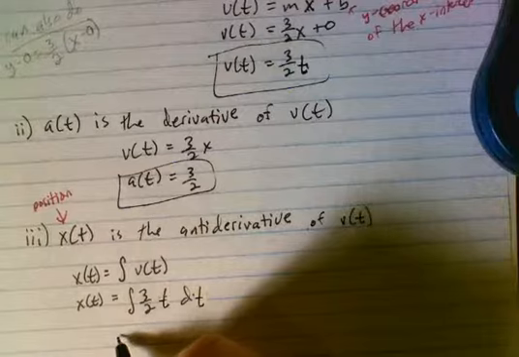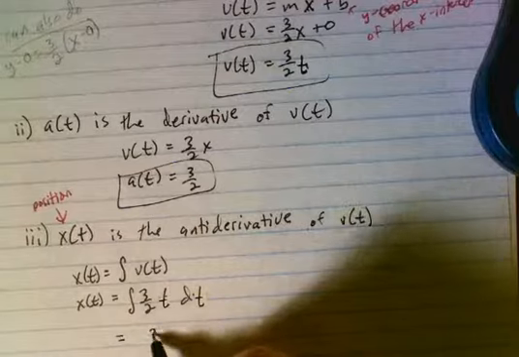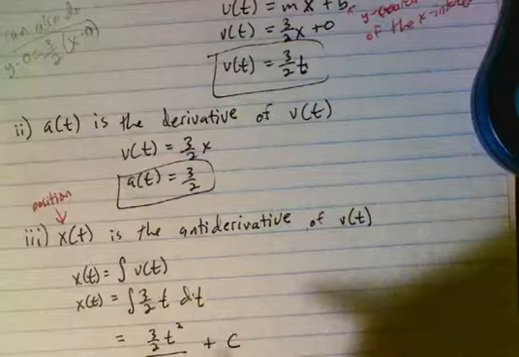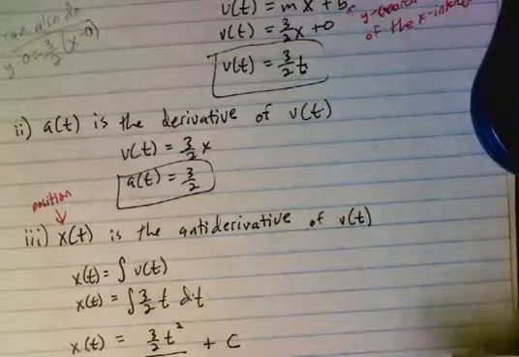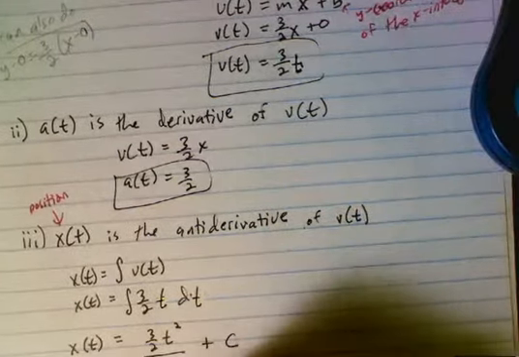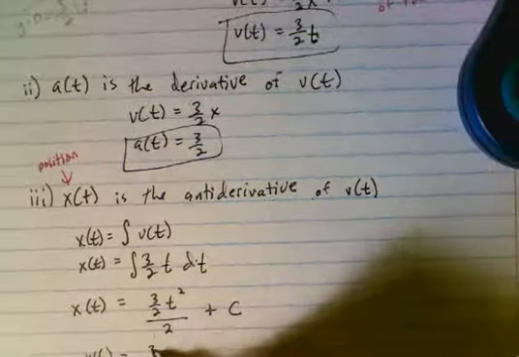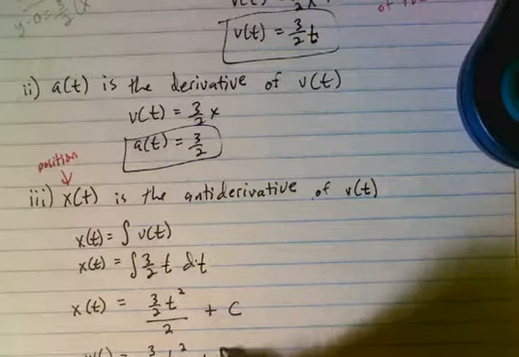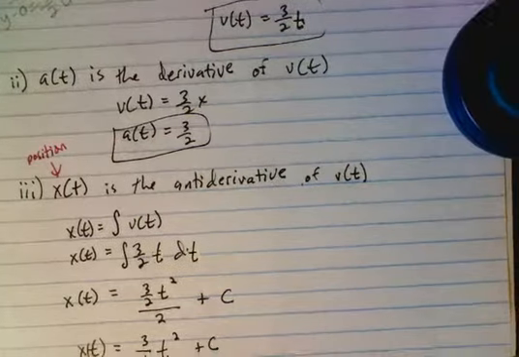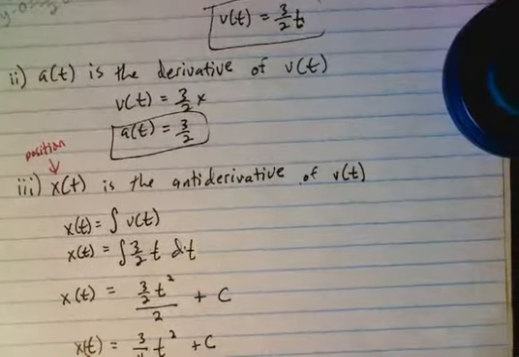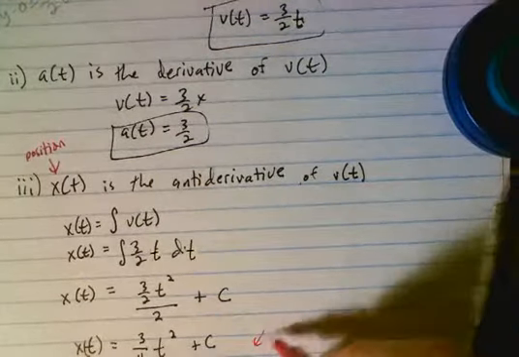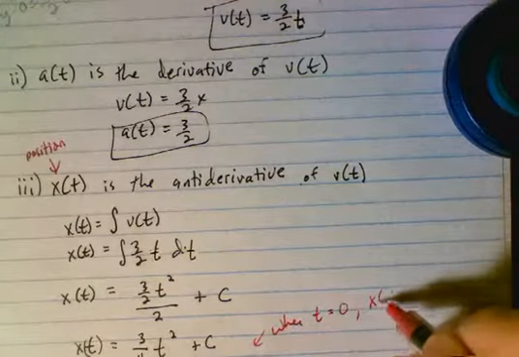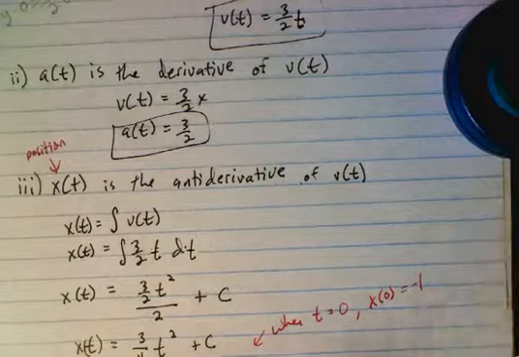So when I take the antiderivative, I'm going to add 1 to the exponent and divide by the new exponent. This is plus c. Three halves divided by 2 is 3/4. But we don't want to just leave this plus c here. So we substitute in when t equals 0, x of 0 is -1.